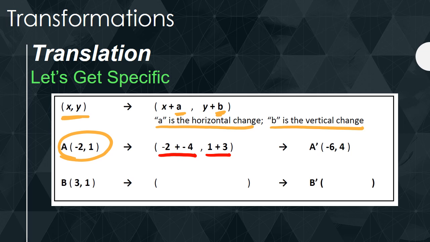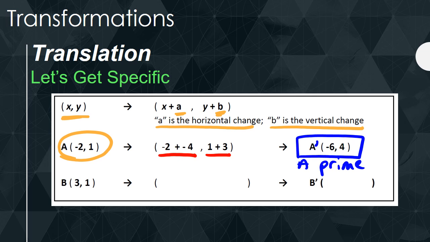Then if I'm going up 3, I take the y unit and add 3 to it. So I have -6, 4 as my new point for letter A, and we label that with the apostrophe. We call this A prime, our new A coordinate in our rectangle.